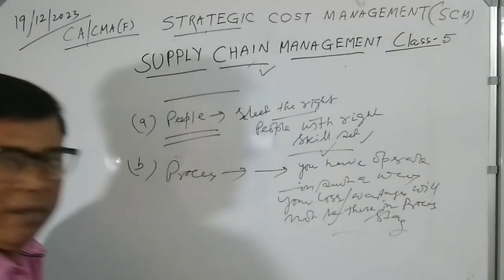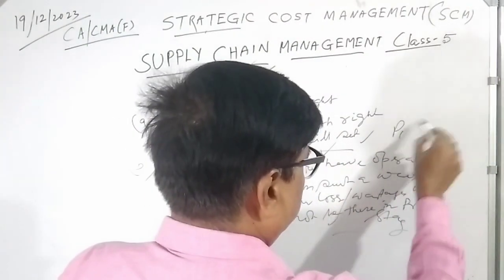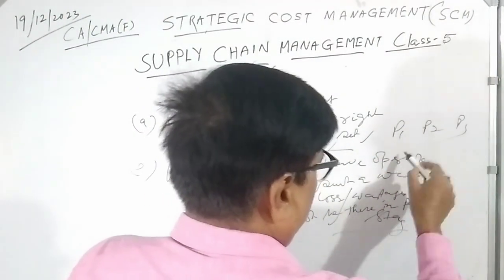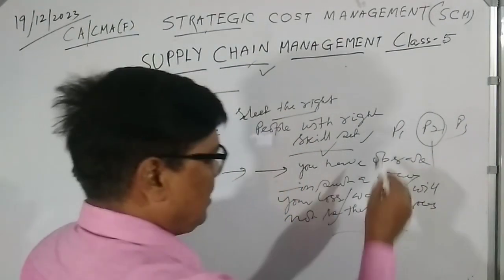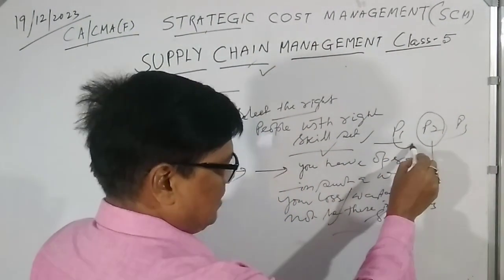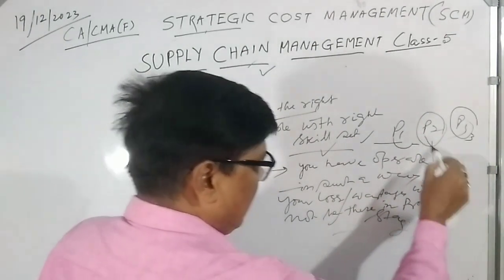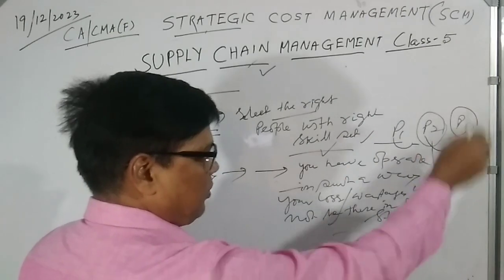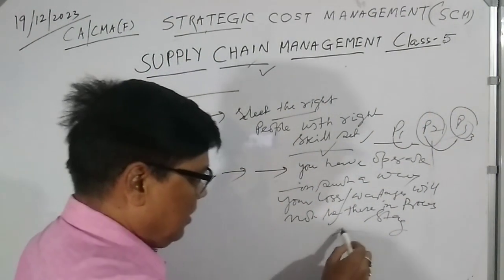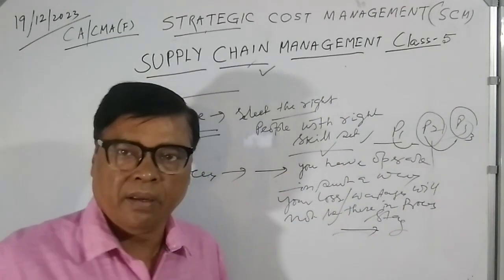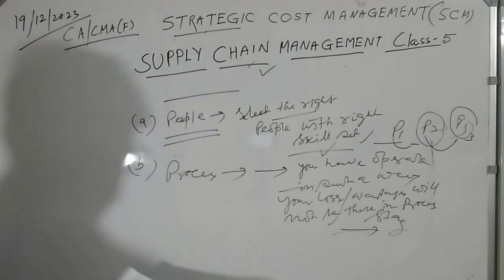Here the same question comes. Suppose your production process goes through P1, P2, P3. If there is some standstill at the P2 stage, then whatever P1 does has no value. At the same time P3 also stands idle until P2 passes the process to P3. So definitely there is wastage, and this locking at that stage means your expectations will not be met.